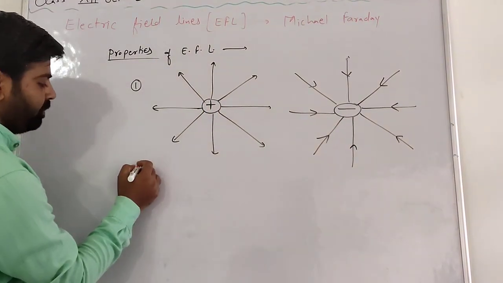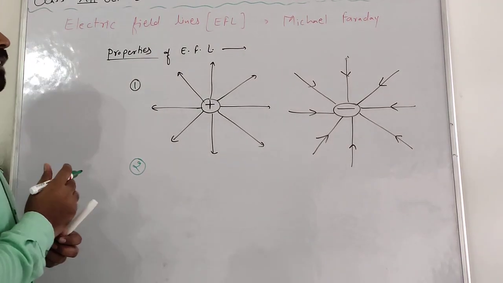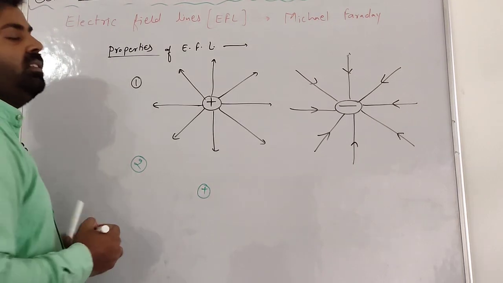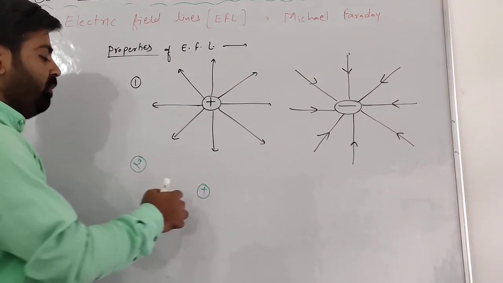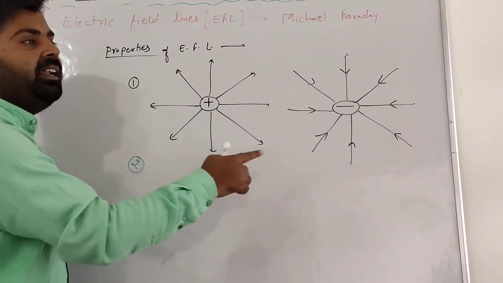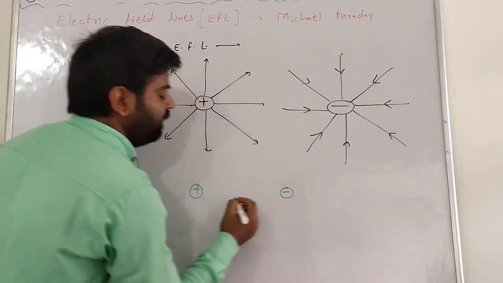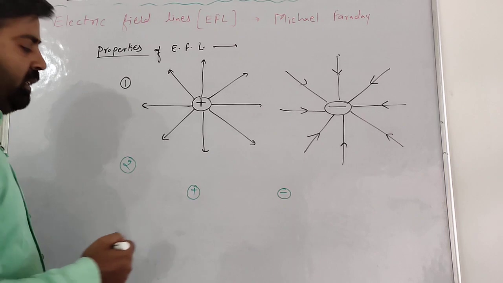Second property: the electric field lines always start from a positive charge and end at a negative charge. We consider two charges, positive and negative.